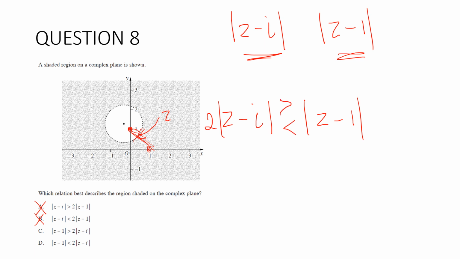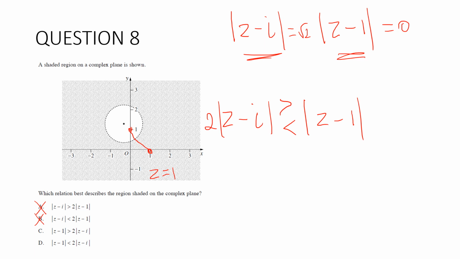And so we need to choose another point. I'm going to rub all of that out. And I'm actually going to choose z being equal to 1. All right, so the distance that z is from 1 is equal to 0. And the distance that z is from this point here, 0i, is root 2.